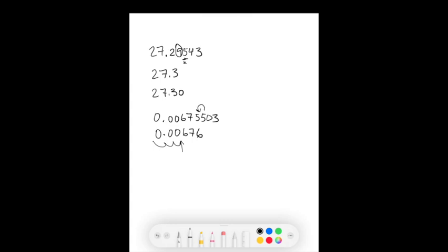So if it were 0.00676 kilometers, we could convert that by multiplying by the ratio of 1,000 meters in a kilometer to get an answer that was in a more suitable set of units.